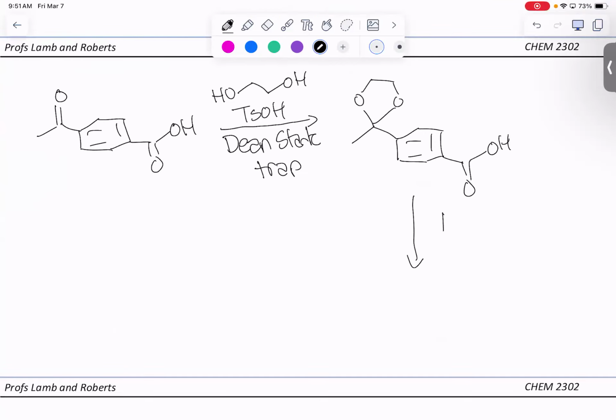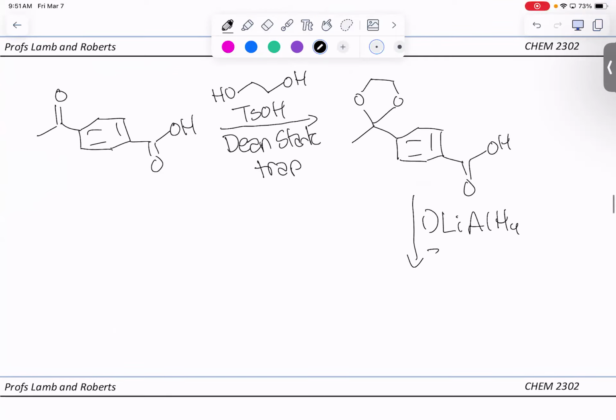Now we could go ahead and add in our lithium aluminum hydride, add in our water. We would have reduced down our carboxylic acid. It's getting closer to exactly what we want it to be, right? We've reduced that down, so we've accomplished our goal of removing that oxygen through a reduction.